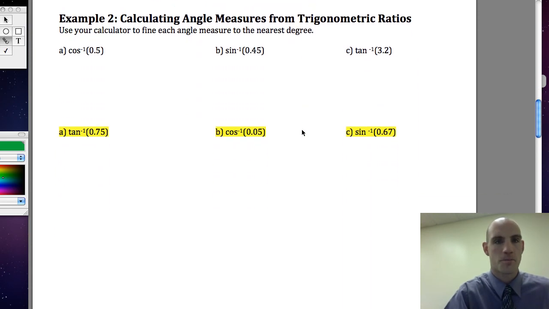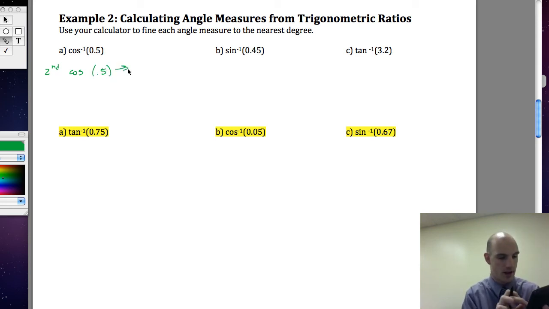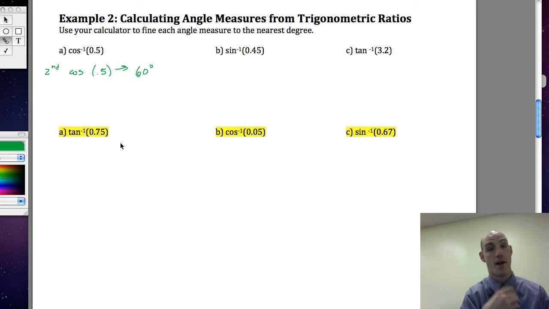In example 2, calculating angle measures from trigonometric ratios. If I punch this into my calculator, I hit second cosine 0.5, enter. 60 degrees. That makes sense. I'm going to do the same thing for sine inverse.